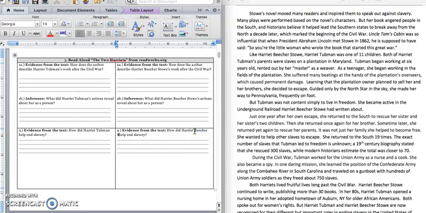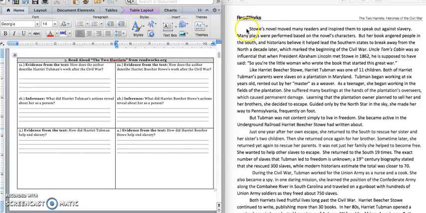And again, this should say Harriet Beecher Stowe. How did Harriet Beecher Stowe help end slavery? And if we go back to the top of the second page, it talks about how her novel, Uncle Tom's Cabin, raised awareness about slavery and was part of the reason why the Southern states chose to secede from the Union, which started the war.